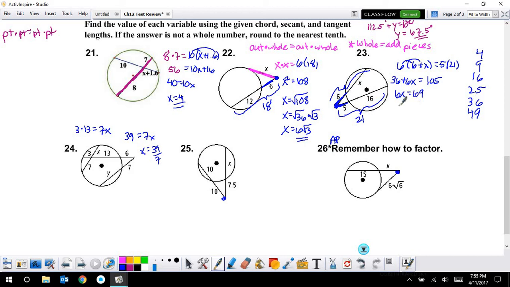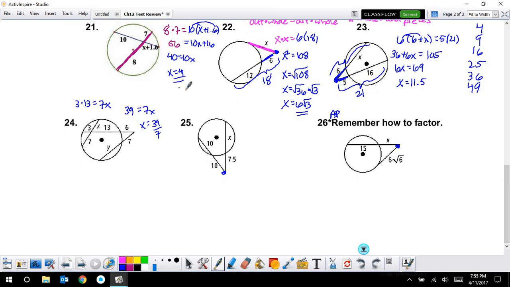Yeah. So when you divide by 6, you get x equals 11.5. So we'll just leave it at that. So 11.5.